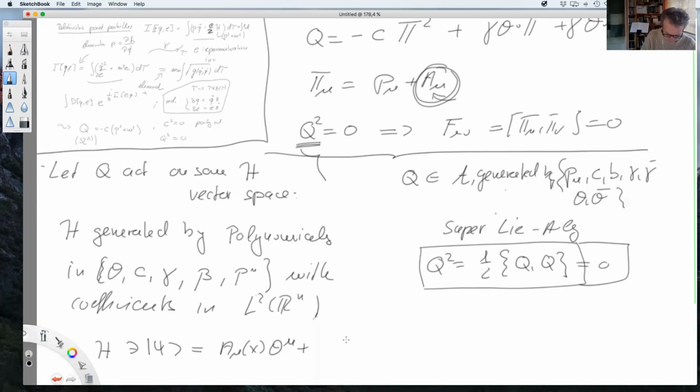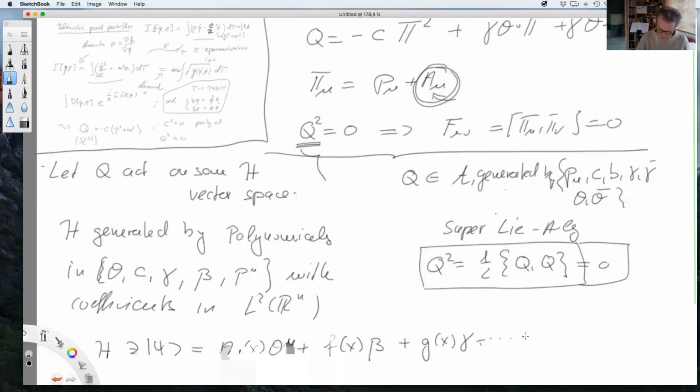I'm just trying to think of what else I could write. I'm a little bit at a loss. So I can take something like some function of x times beta, plus perhaps other functions, g of x times gamma and so on, these kinds of things.